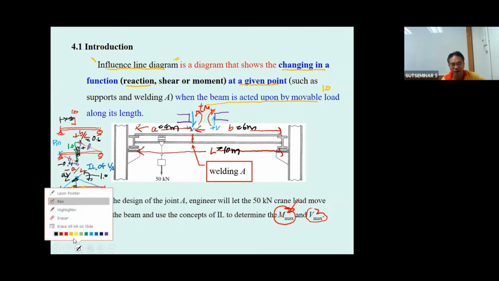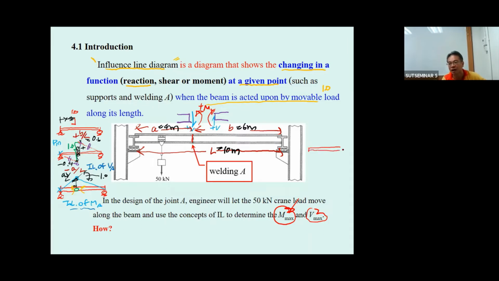So this is going to produce the maximum effect. Okay, by doing this to produce the maximum shear based on the influence line diagram, you got to put the 50 kilonewton force over here, to produce the maximum effect for the shear here. And then you determine the Vmax based upon this. This is going to be 4 meter.